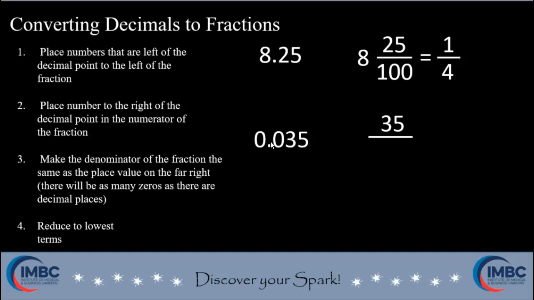This isn't 35 hundredths, but it's 35 thousandths. And again, reduce it to the lowest terms. I know that 5 can go into 35 7 times. And I know 5 can go into 1,000 200 times. So 7 over 200.